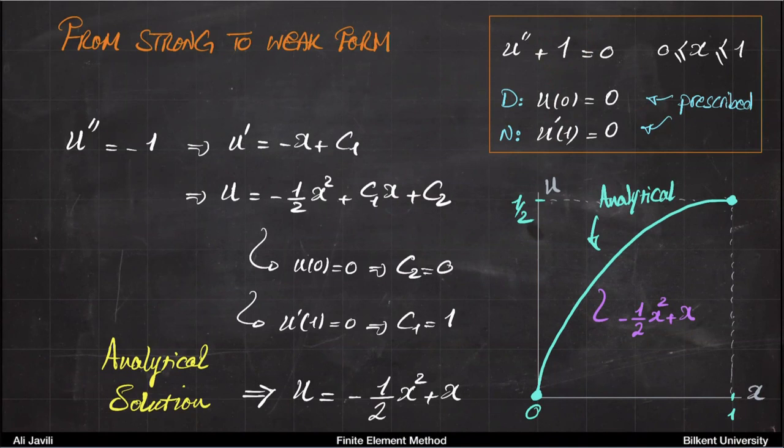So if you have a bar under gravity, whether it is elongating or shortening or compressing, it is a similar differential equation, but also we have an analytical solution for this. So it gives us a nice benchmark to start with. So we know this is the analytical solution. It's a quadratic polynomial.